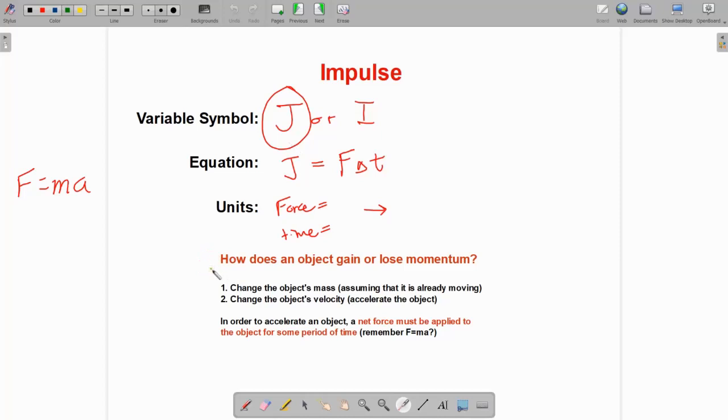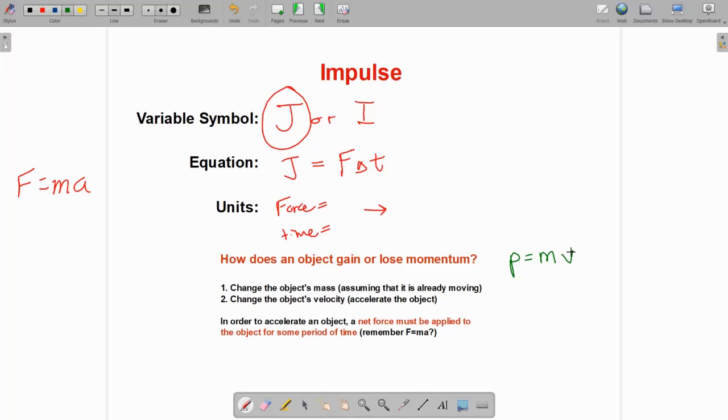So how does an object gain or lose momentum? Remember that momentum is mass times velocity. How do we change it? Well, if the object's already moving, you could change its mass. If it's not moving, then changing its mass won't change its momentum because it's zero.